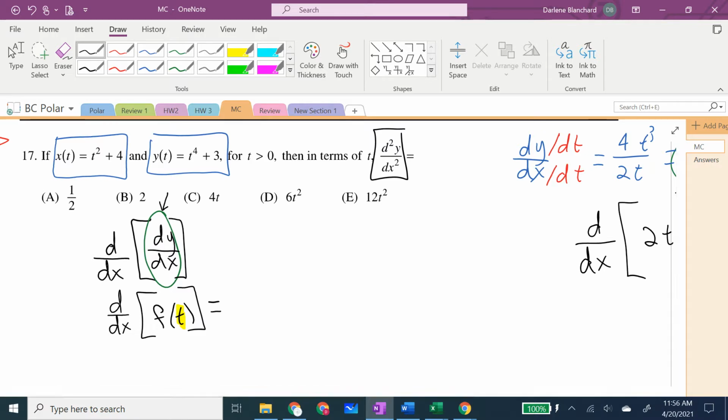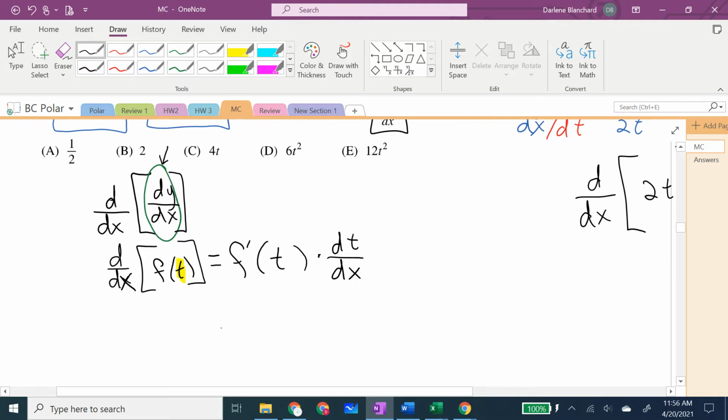And then chain rule says derivative of mommy, give mommy her baby, multiply by derivative of baby with respect to x. Now, if you want to isolate t with respect to x, be my guest. Or make your life easier and be able to find the answer.